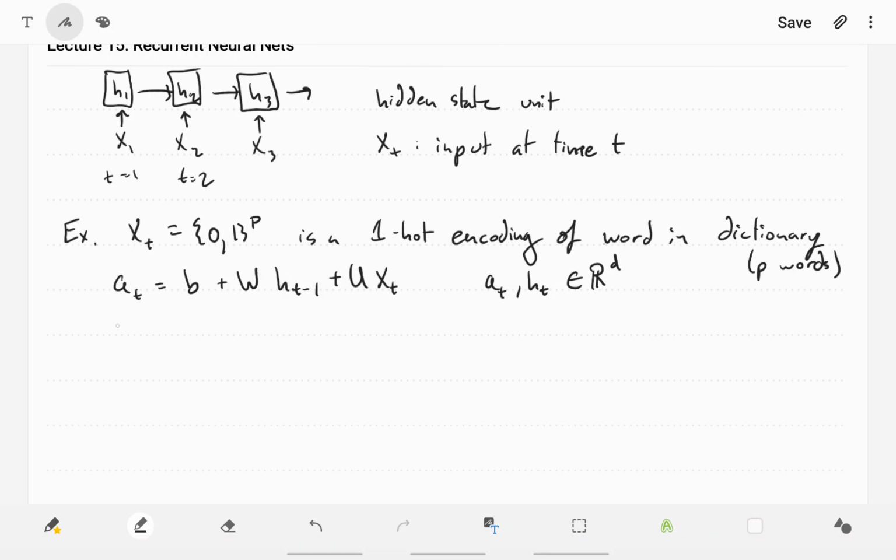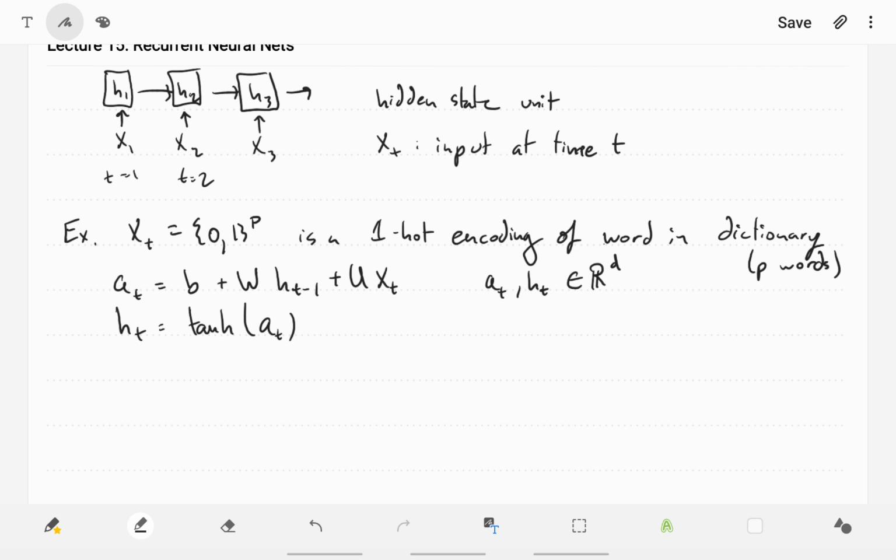And then we would write h sub t equals tanh, the hyperbolic tangent, of a sub t. So a sub t is just a linear function of the input and h sub t minus 1. And typically with hidden states, we tend to see better performance in our neural nets if we constrain the output space using something like tanh. So using tanh as the activation function is quite common in recurrent neural nets.